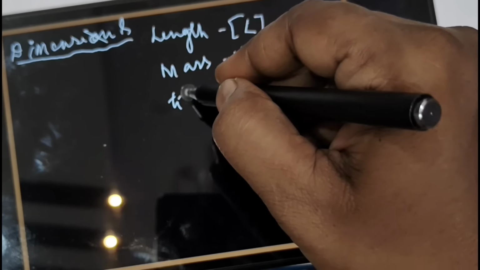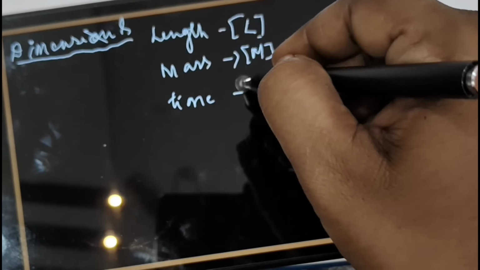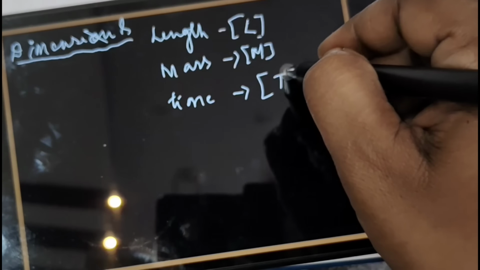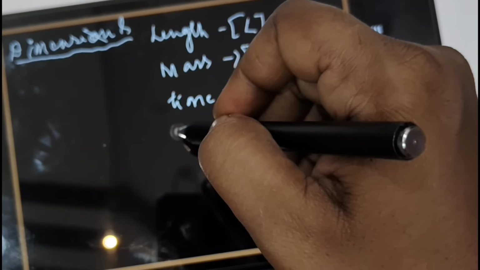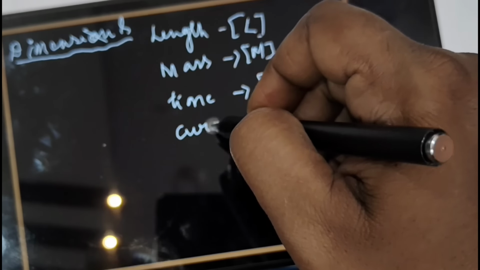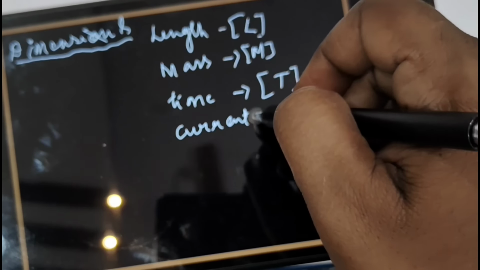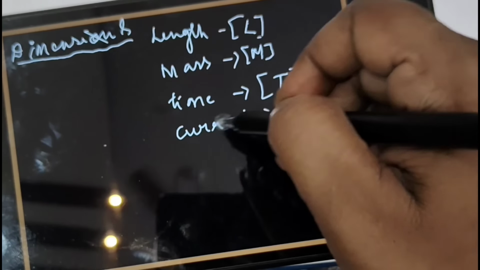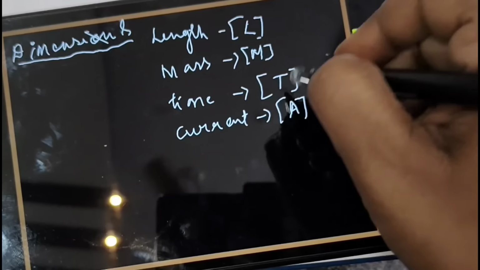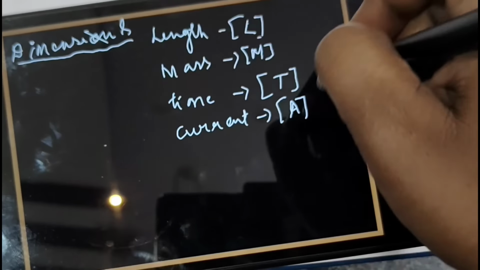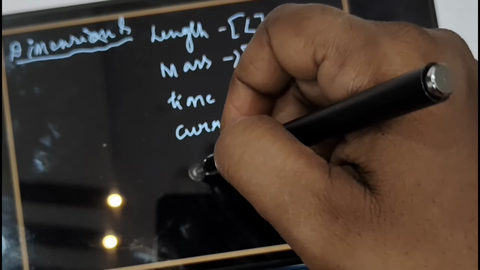Then time, capital T within the square bracket. Then electric current: we will not take I or C, we are going to take the unit, capital A.